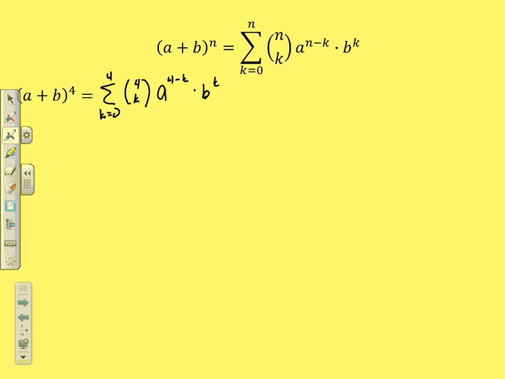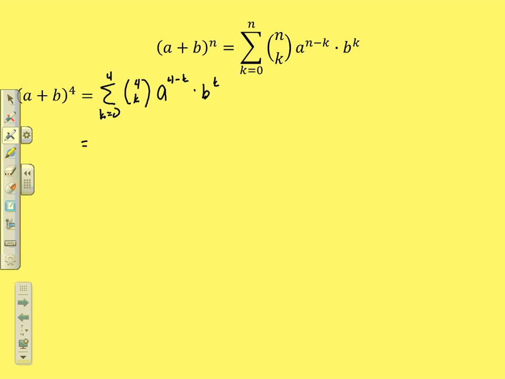Now, what we're going to do is start expanding it. The summation says the first index starts with 0. So I'm going to begin by writing out the combinations starting with 0.